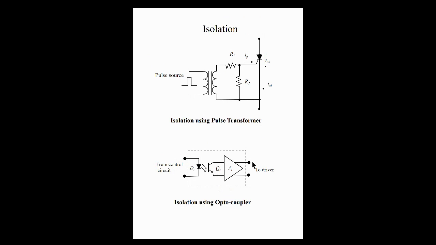So you can control a much larger circuit, using low power to control a high power circuit. So we have electrical isolation using optocouplers.